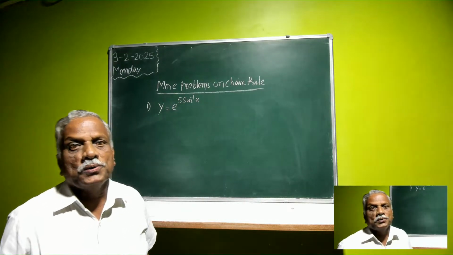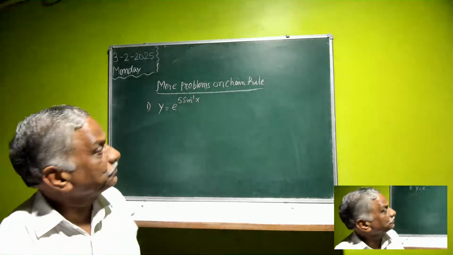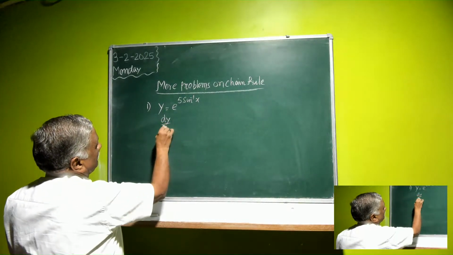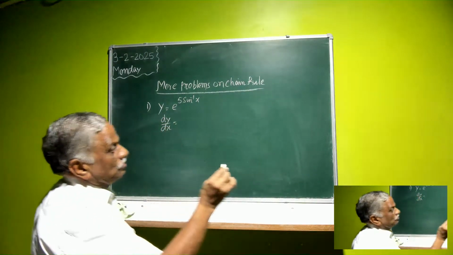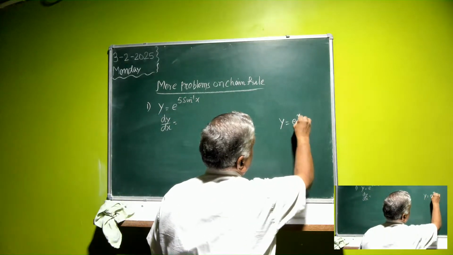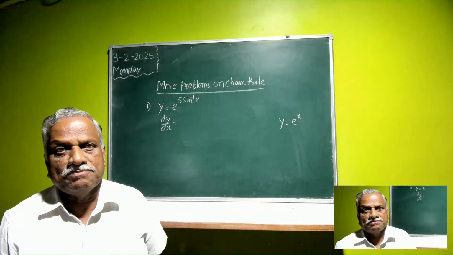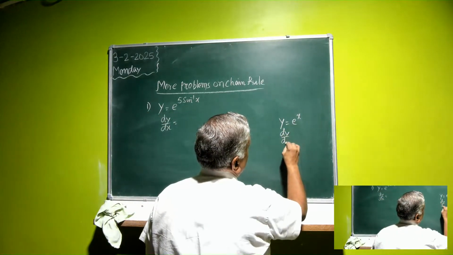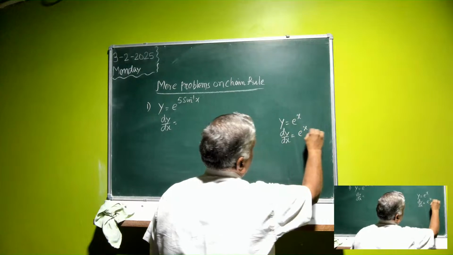But yesterday I taught you how to work directly. So you can write dy by dx equals. You must remember, when y is e power x, dy by dx is also e power x. No change.